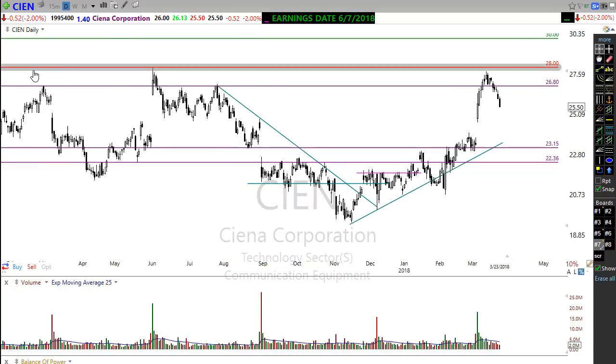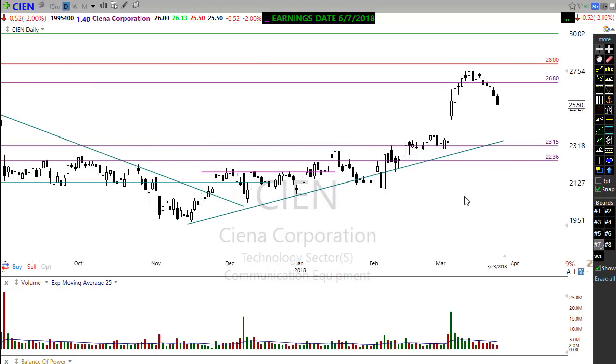We ran into resistance here. Whether you went short on the trade, bought a put option, or put on this credit spread, both of them would be profitable.